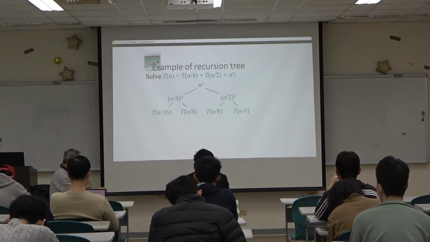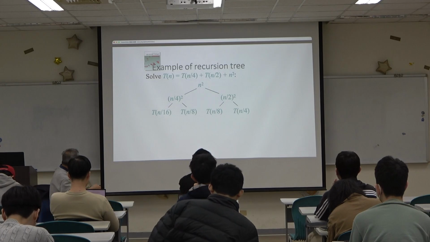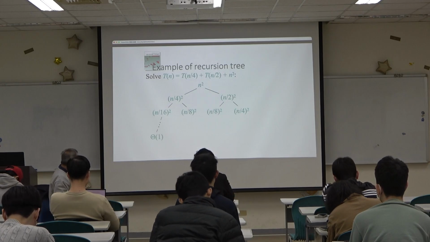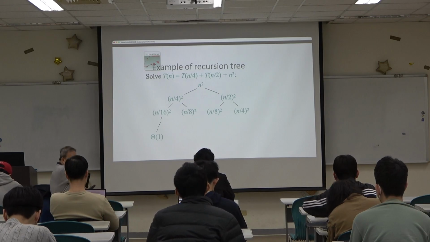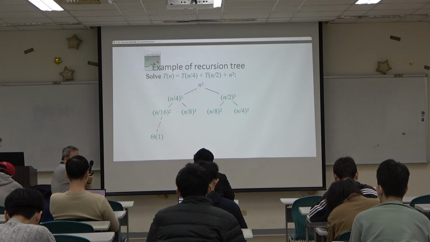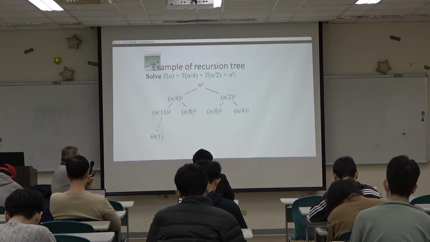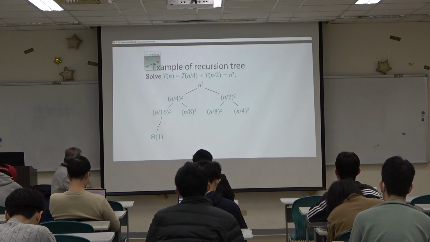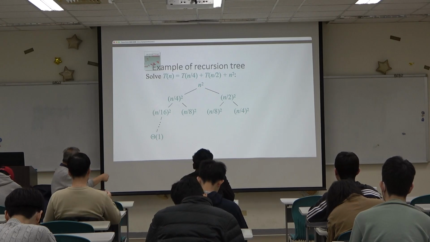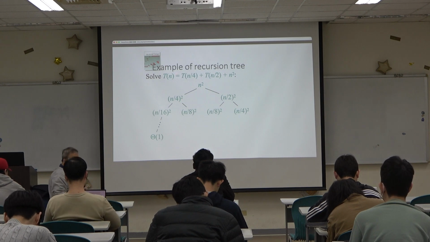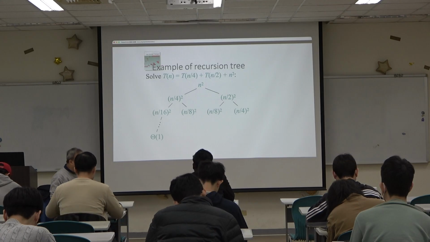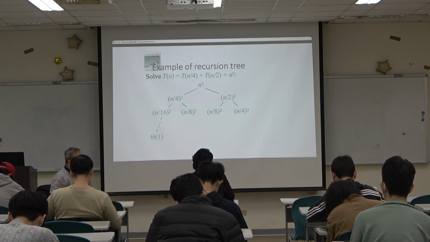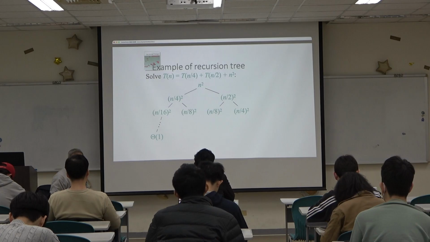Right? Okay, and then you can, da da da da da. And here, we only write this branch. We only write this big theta 1 on this leftmost branch. Why? Because this is the branch that terminates the fastest, right?